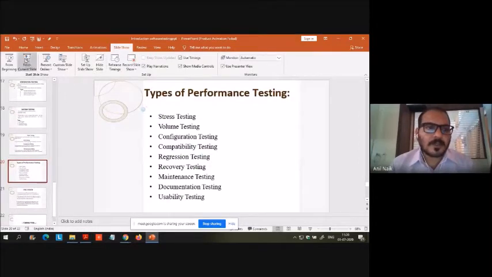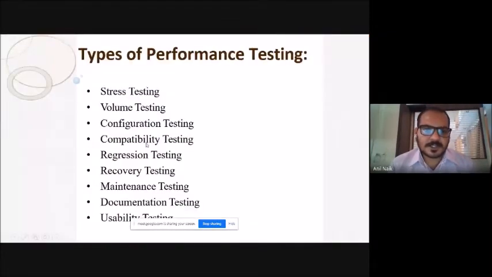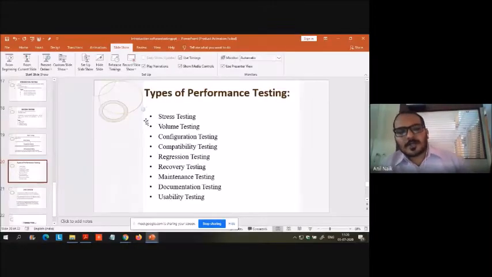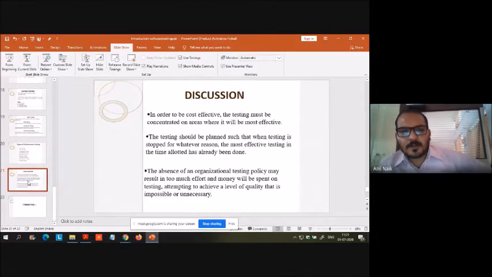Then stress testing, volume testing, configuration testing, compatibility testing, regression testing, recovery testing, maintenance testing, documentation, usability testing. These different levels of testing will be helpful for your interview preparation also.